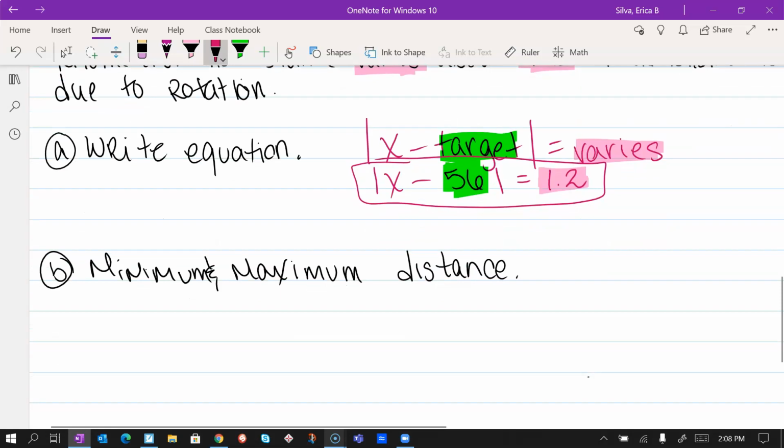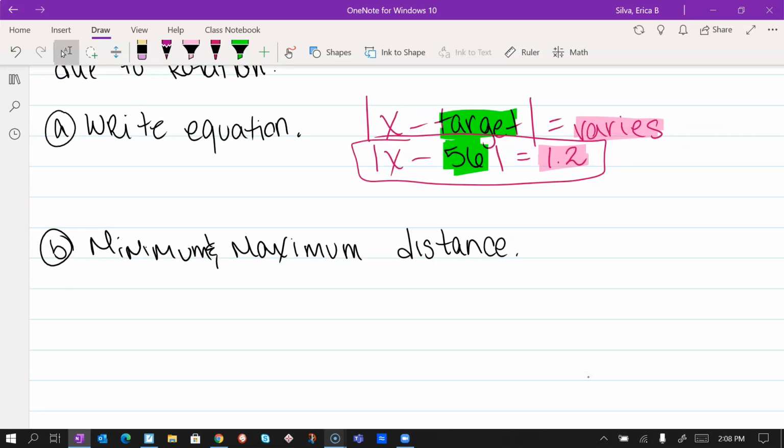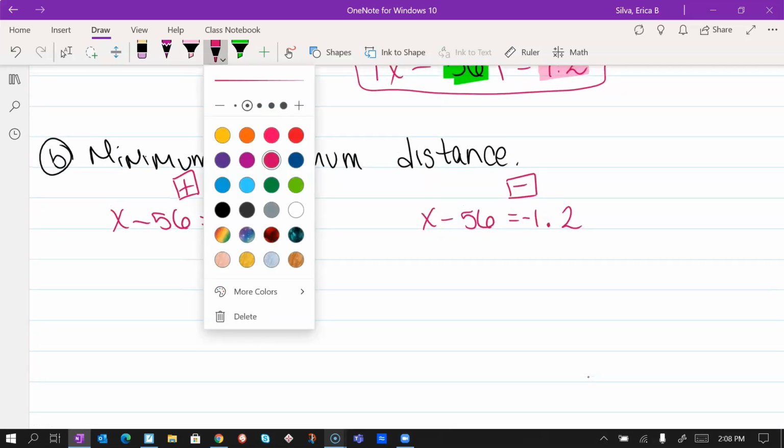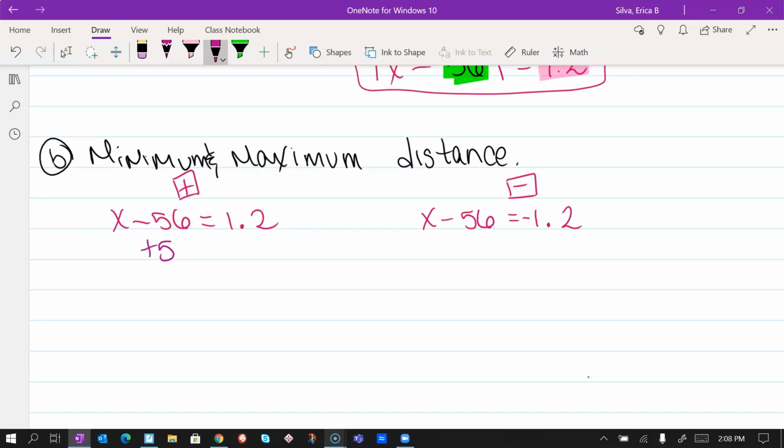Now to find the maximum or minimum, that's when we go on to solve. So remember, if we're solving absolute values, we get it when we have plus 1.2 million, and then we're going to solve it when it is minus 1.2 million. This is my plus, and this is my minus. So to solve, we're going to add 56.